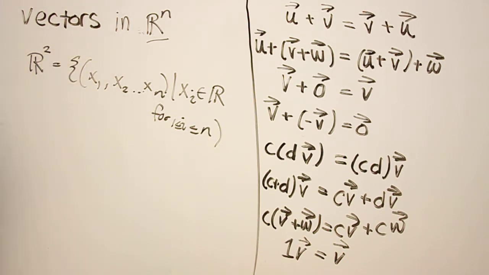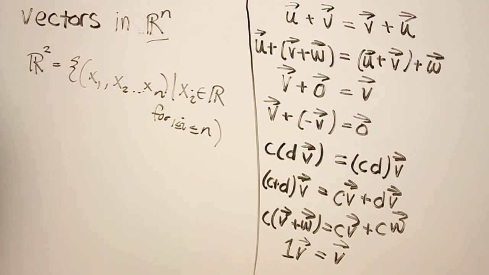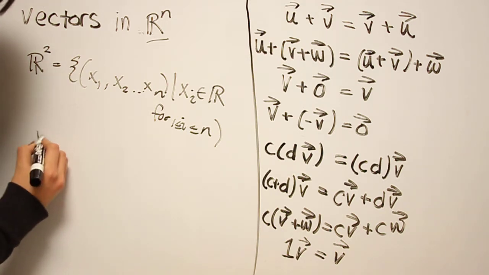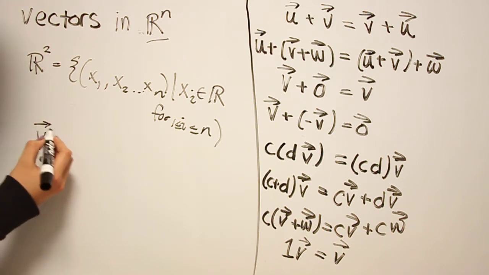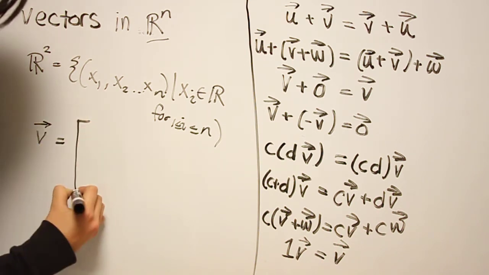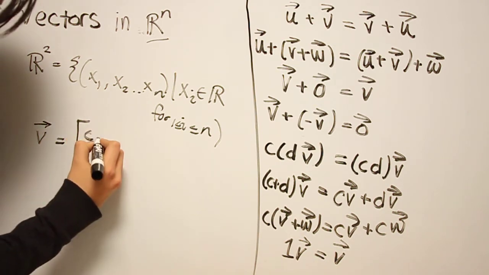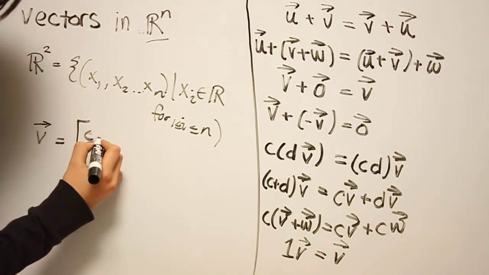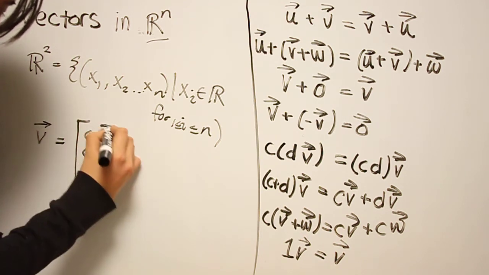So we can write this set as a vector, and the way we write that is using some sort of bracket. We denote a vector with an arrow on top of it, so we say this vector v, and we put a square bracket and we say it has component 1, component 2, up to component n.